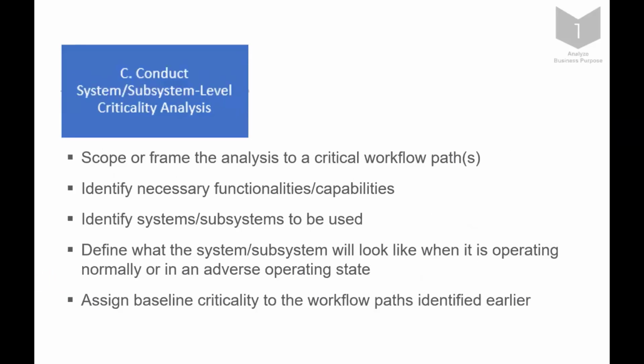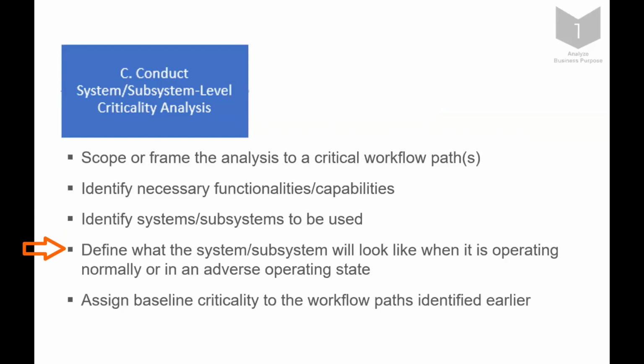The next step in criticality analysis is to say what systems or subsystems support the programs at the higher level for the organization. So basically, we're going to want to scope or frame the analysis at this next lower layer. We'll do that by identifying the necessary functionalities and capabilities to support the system and subsystems, and then specifically which systems and subsystems are used to support these higher level programs.